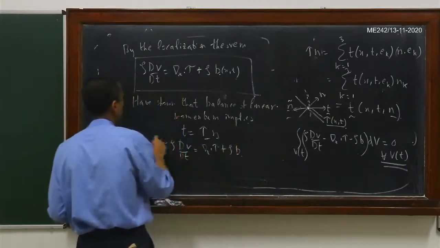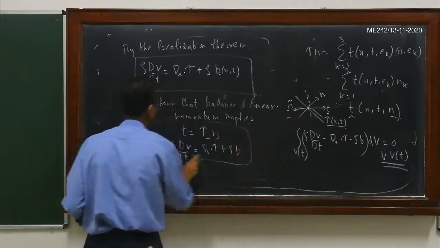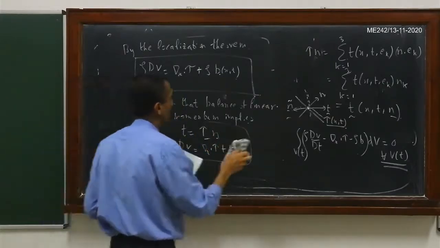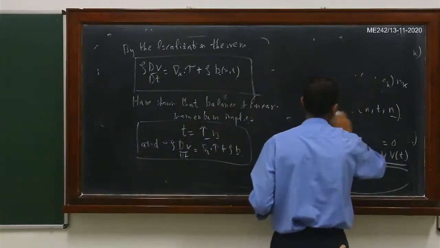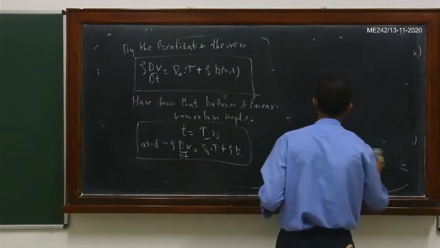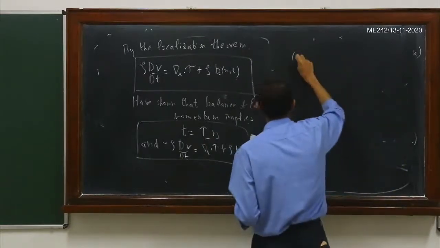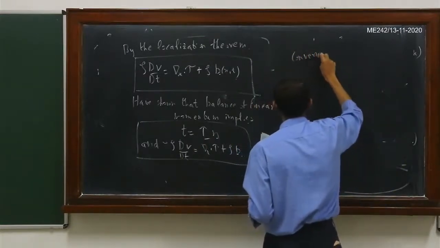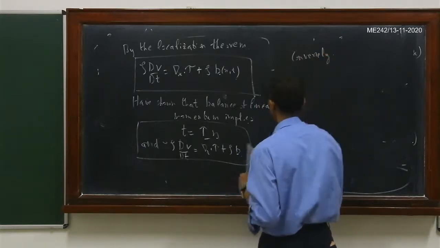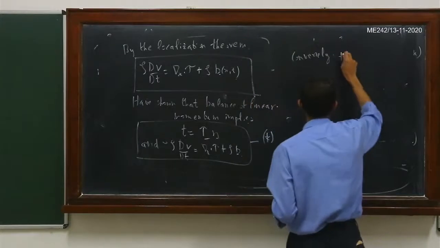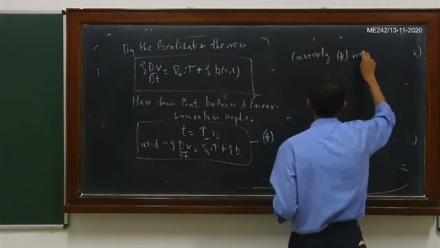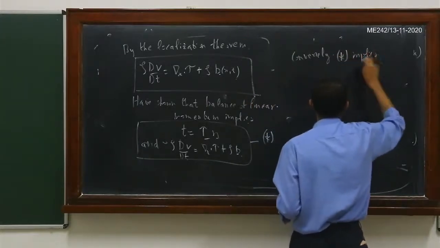This we have shown. Now conversely, these two relations imply the balance of linear momentum. Let me call these relations star. So conversely, star implies the balance of linear momentum also.